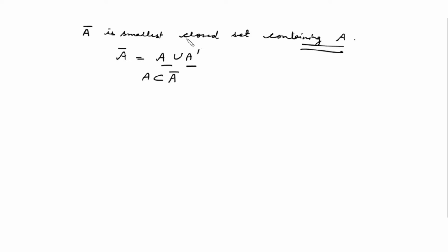Right, next you have to show that it is a closed set. Either you can show that its closure is the same as this, or you can show that it contains all of its limit points. So you have to choose any limit point of it, and you have to show that this belongs to the closure.